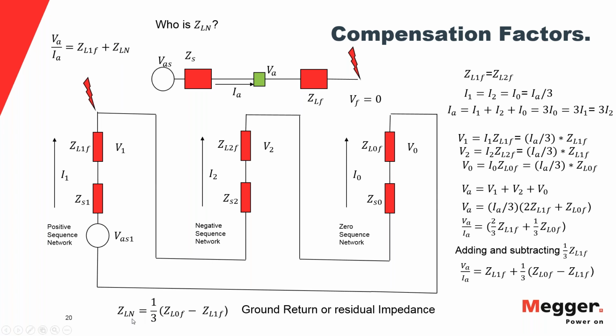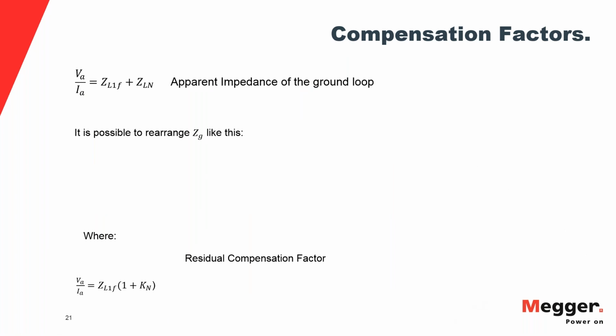So this ZLN equals 1/3 of the zero sequence impedance minus the positive sequence impedance, and it is called the ground return or residual impedance. And we are going to use that to calculate the compensation factors as follows.